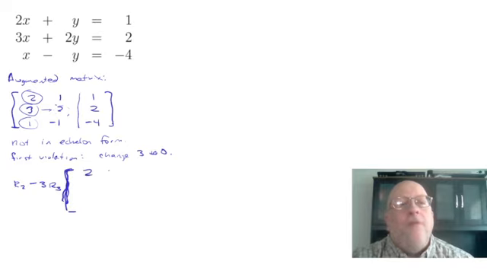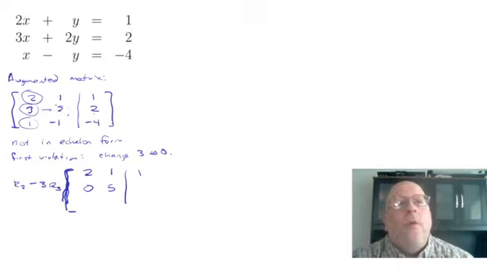So the top row stays the same. 3 minus 3 is going to be 0. 2, -3 times -1 is +3. So 2 and +3 gives me 5. And then -3 times -4 is 12.